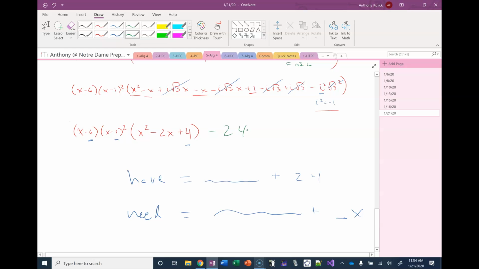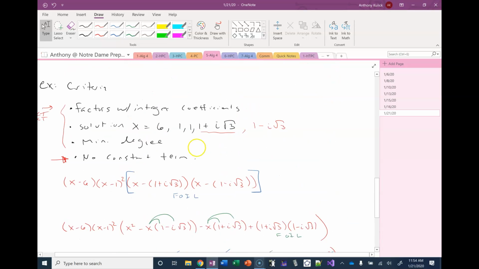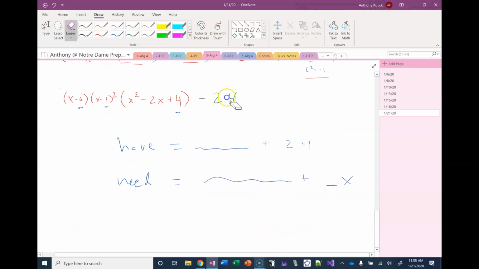Will that work? Is that the fix that I need? It would definitely take care of the no constant term part, but it would end up ruining all of these solutions. So I can't just subtract 24 from both sides. That's not going to cut it.